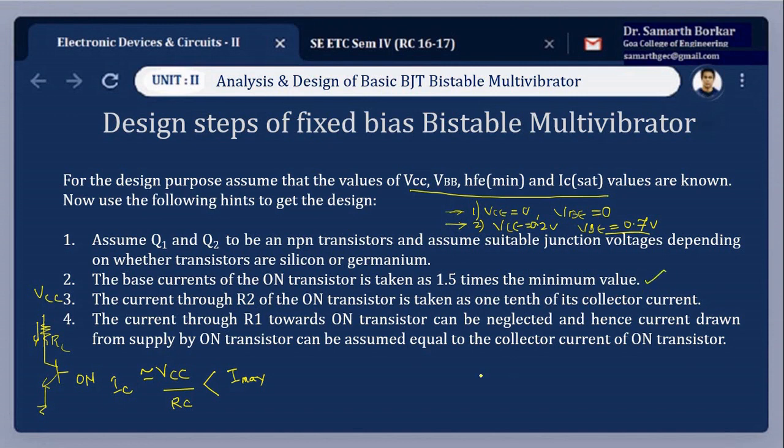This you will understand when we solve the problem. The current through R2 of the on transistor is taken as 1/10 of its collector current, which is a thumb rule. The current through R1 towards the on transistor can be neglected, and hence the current drawn from the supply by the on transistor can be assumed equal to the collector current of the on transistor.